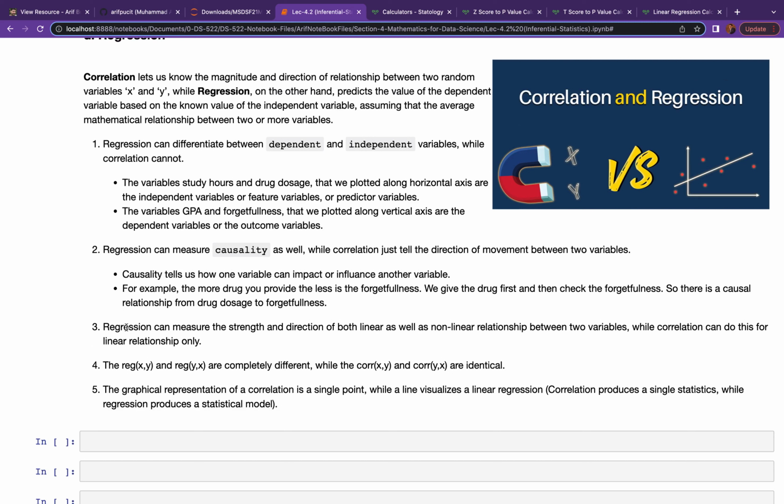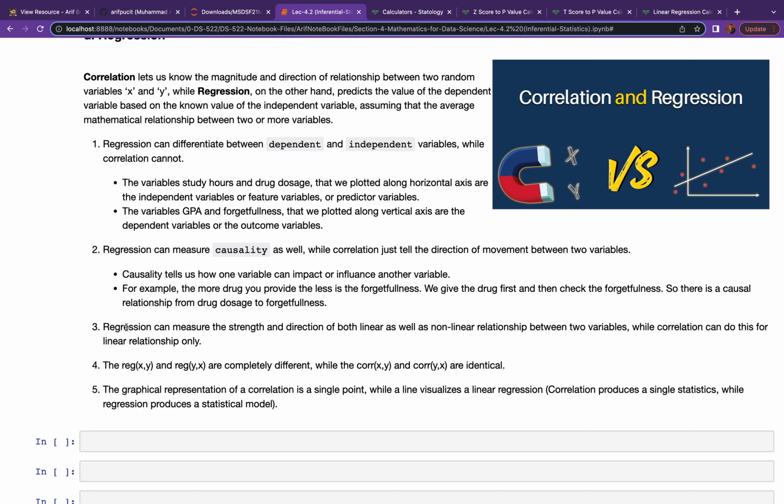Well, the third difference is correlation can measure the strength and direction for linear relationship only, while regression works for both linear as well as non-linear relationships. And maybe in the later part of the machine learning module, we will see the non-linear relationships as well.